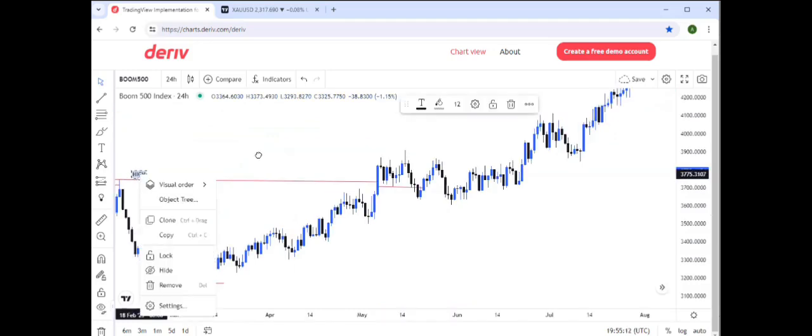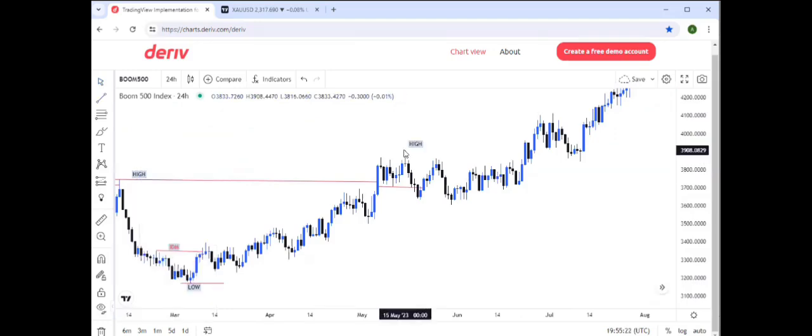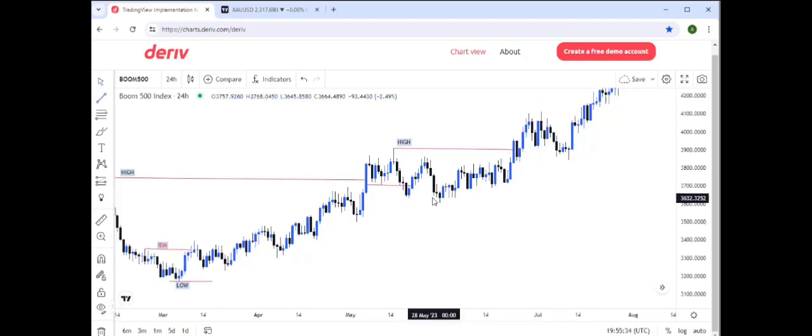Now because inducement has been taken, this becomes our high. So we have our high there. Now that high needs to be taken out to confirm this as a low. So this high was taken out here, and we have our low somewhere around here.